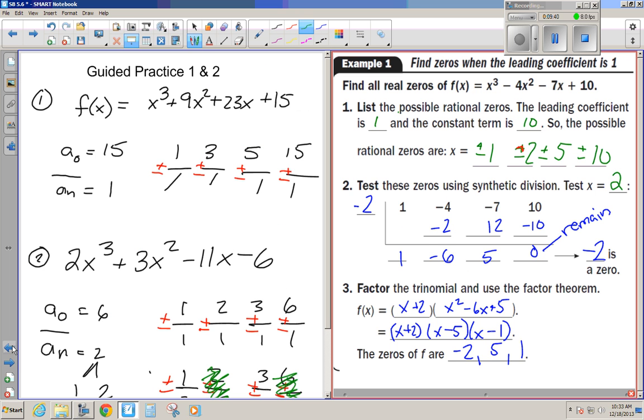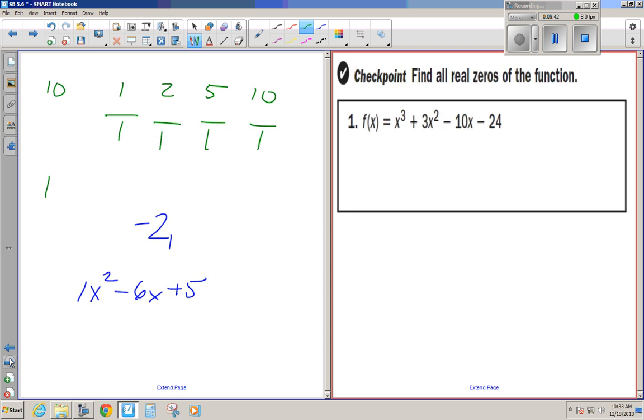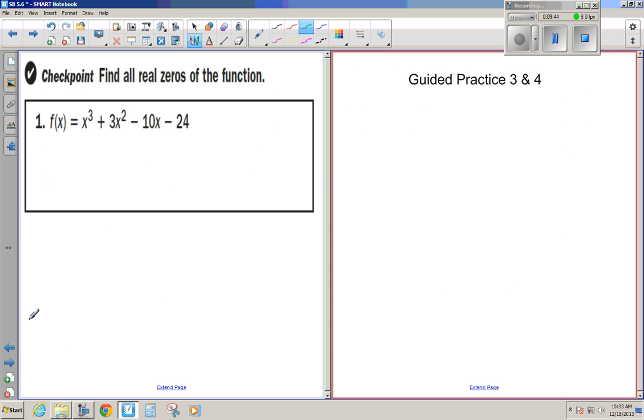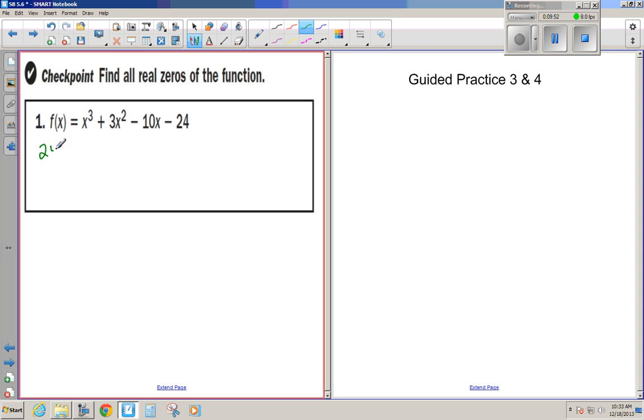All right. So find all the real zeros of this. The first thing we need to do is find the possible zeros. So that would be 24 and 1. So that would be 1, 2, 3, 4, 6, 8, 12, 24.